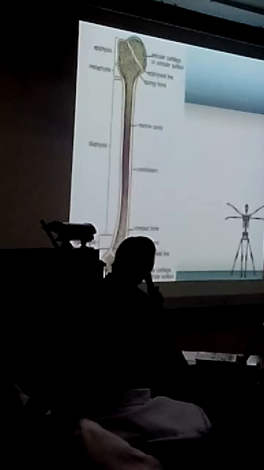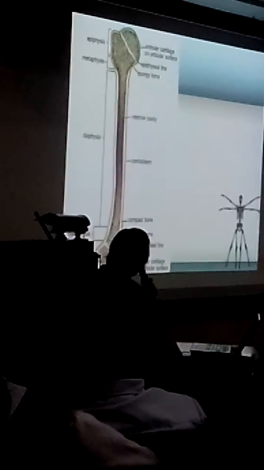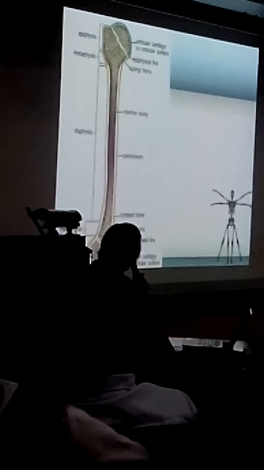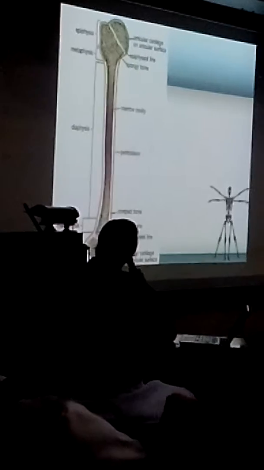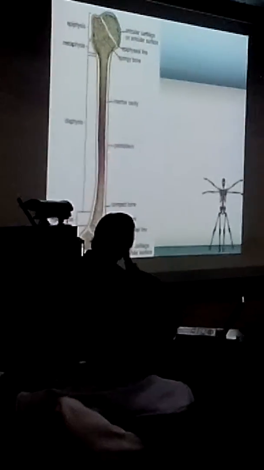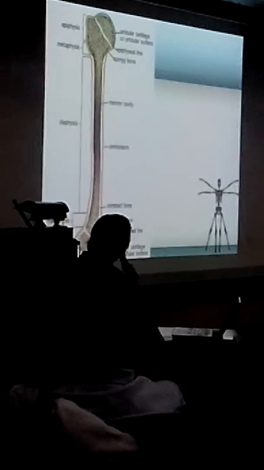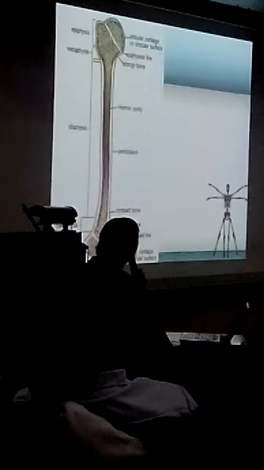So the shaft is the diaphysis. The ends are the epiphysis, and between them, the part that funnels out is the metaphysis. Then you know the middle portion, the highly vascular one, is the marrow. You know that the surrounding is the periosteum. So not pericardium, don't interchange them, okay?